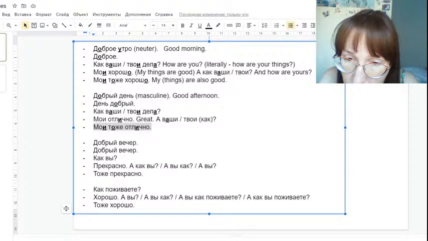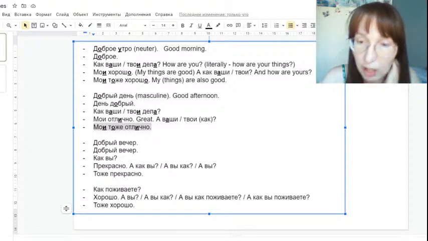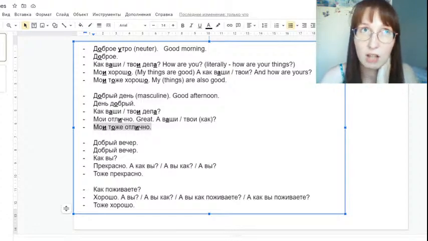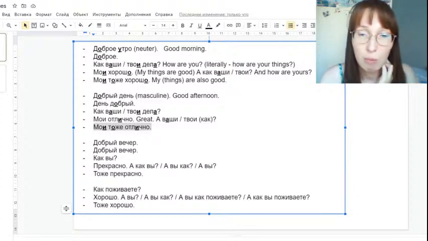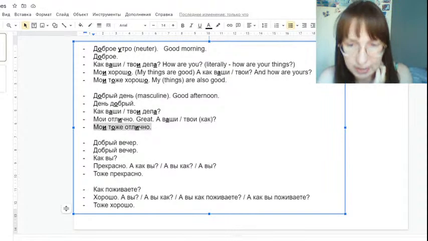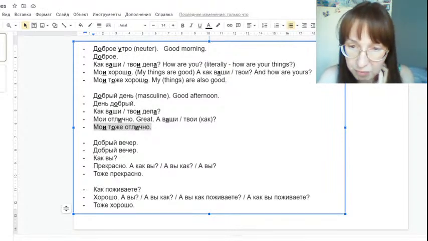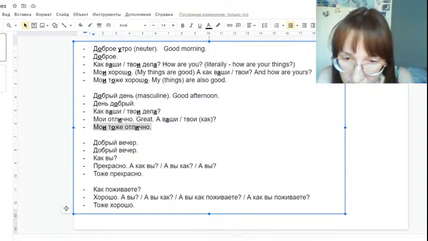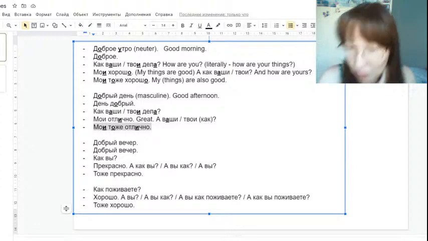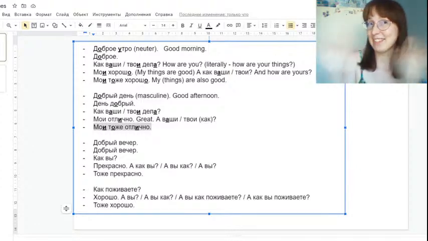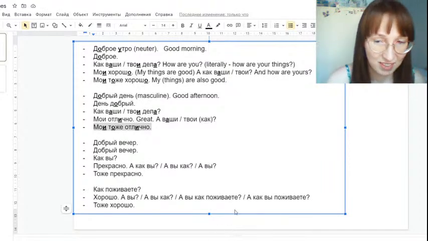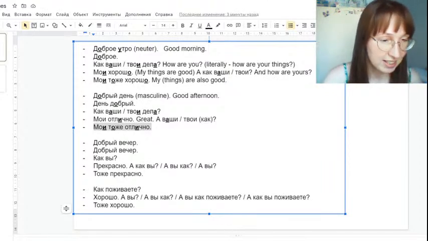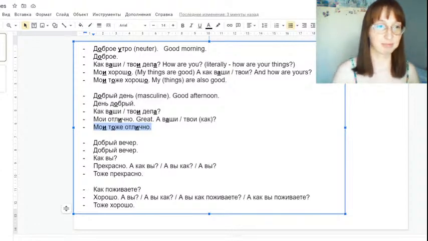Apply red color, not underlined. Red color. Okay, but why not underlined? Why don't you like it? Oh, Дима, привет. Рада тебя видеть. Okay, guys, let's continue.